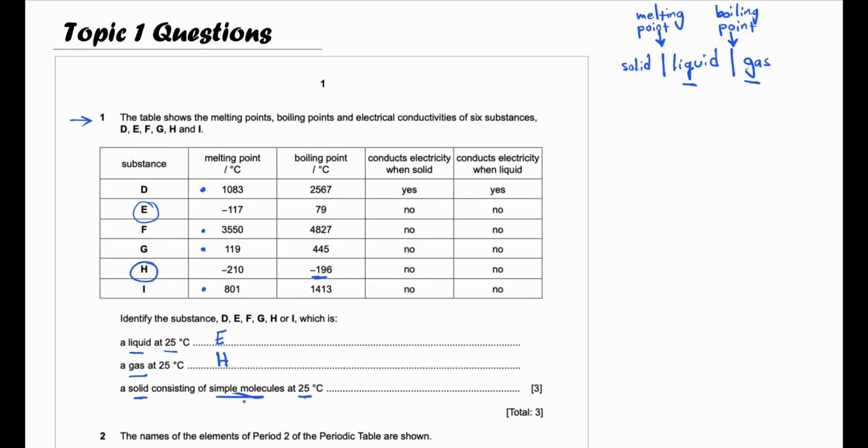Remember, simple molecular substance has poor electrical conductivities, and F seems to be giant because it has high melting and boiling points, so it's not F. Now, if you compare between the remaining options, G and I, G has much lower melting and boiling point. That's why you expect the answer to be G.